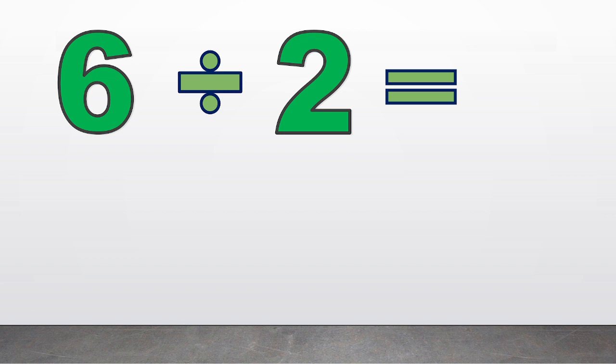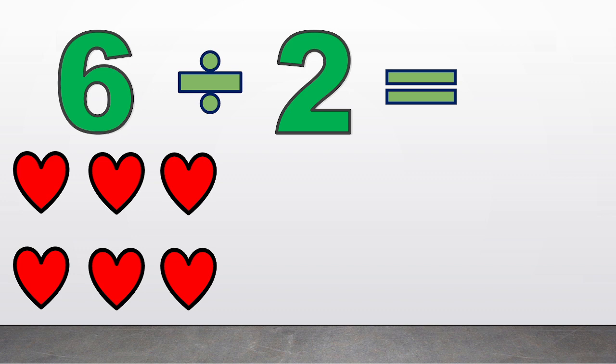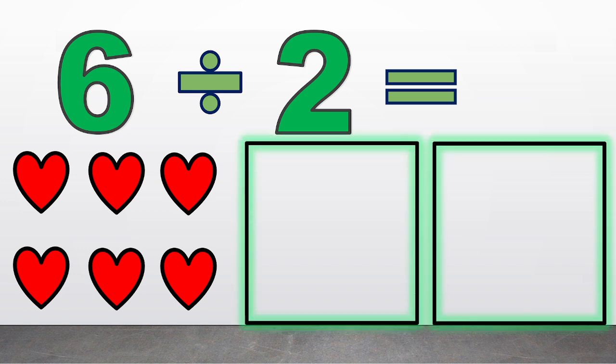Now let's get started. Let's answer this. 6 divided by 2. Find the quotient. Let's divide using pictures. 6 hearts divided by 2. So 6 hearts, we need to divide 2 equal groups.